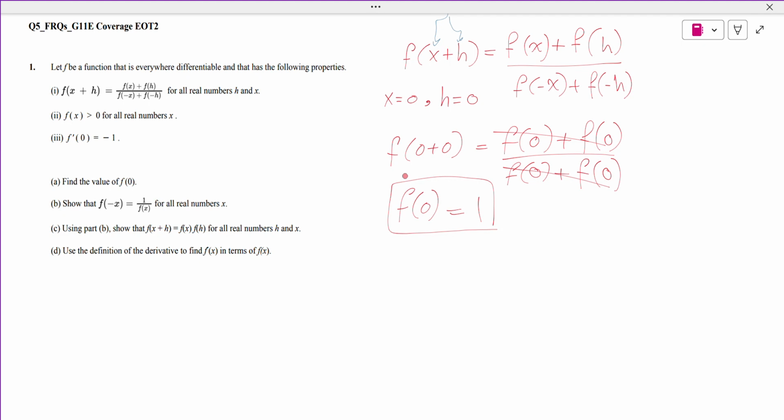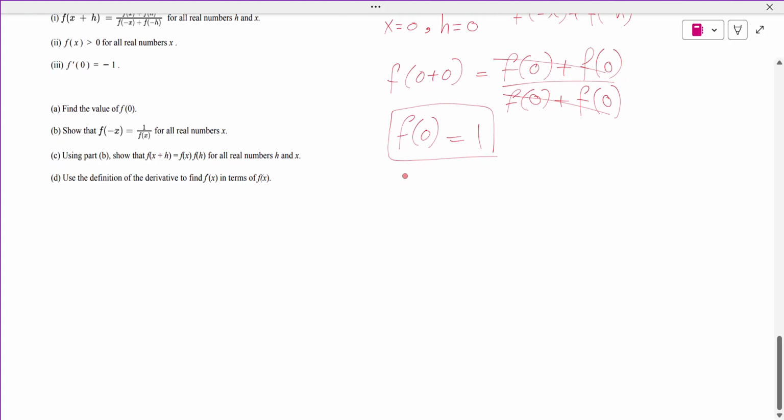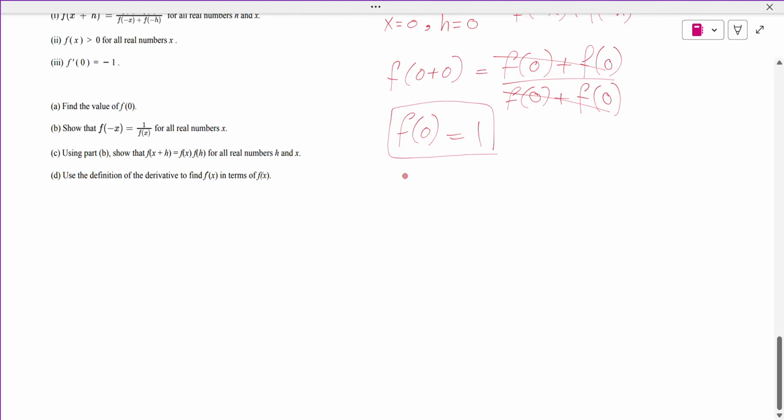So in this part, for part B, we need to show that f of minus x equals 1 over f of x, right? So this is what we need to get at the end.